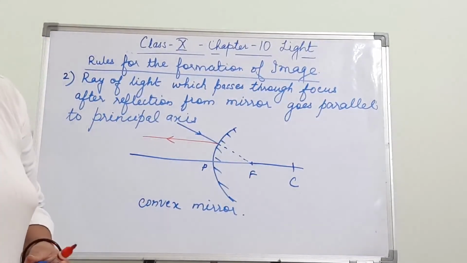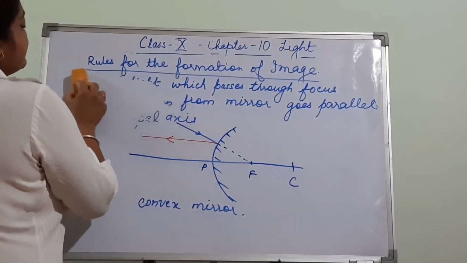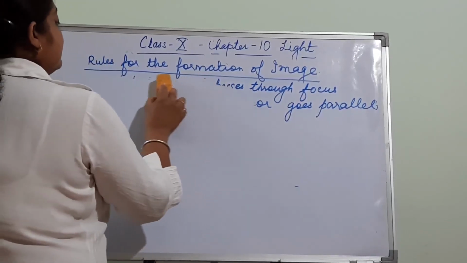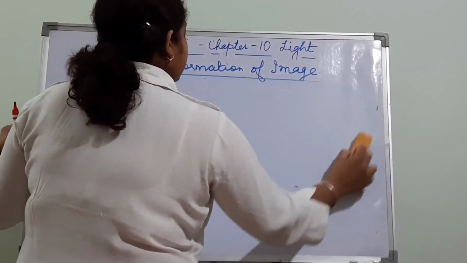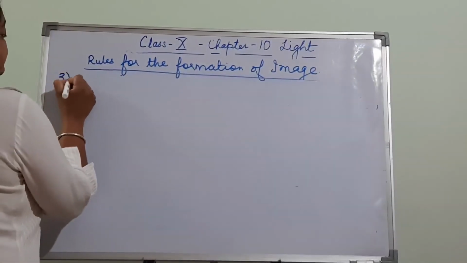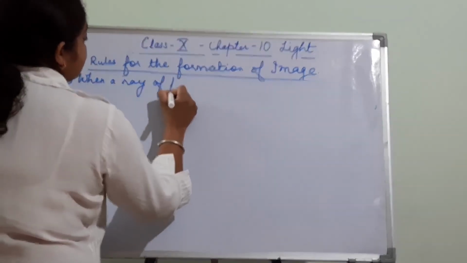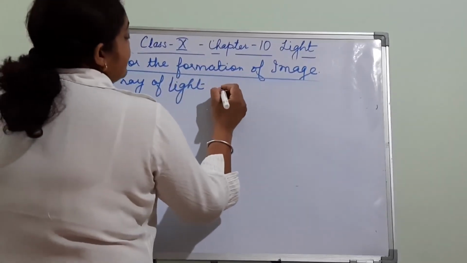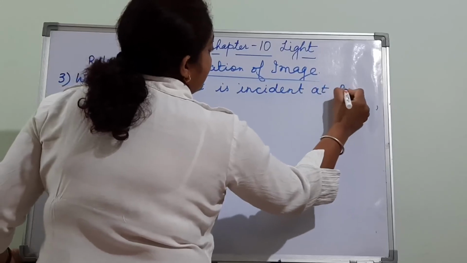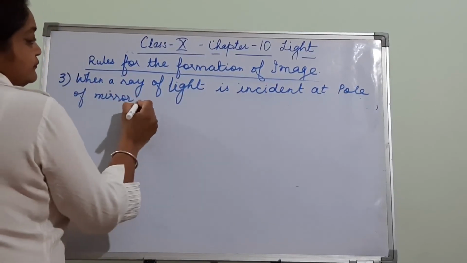Next rule is, when a ray of light is incident at pole of mirror, so let us see.